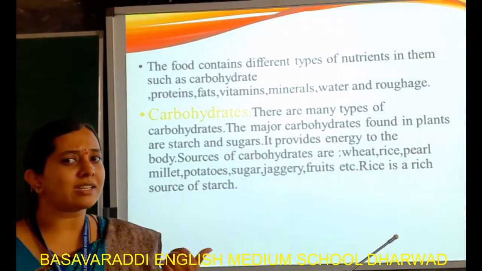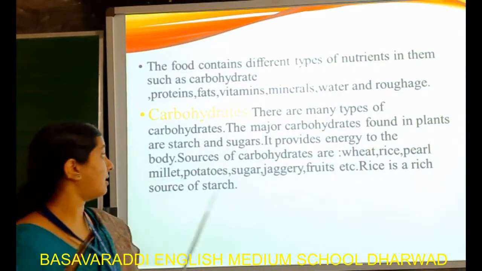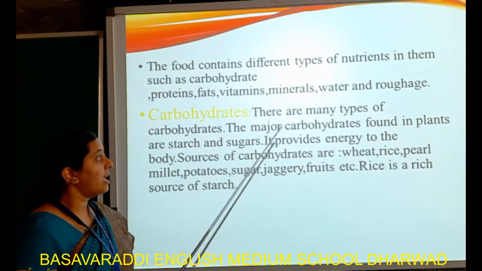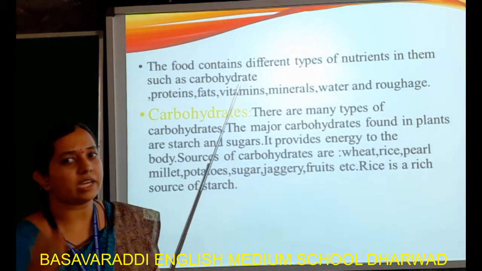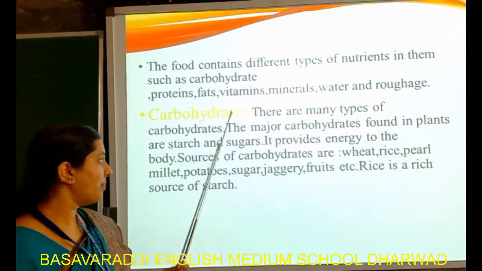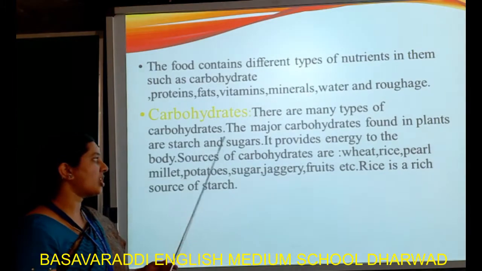Now let us start with the first one, that is carbohydrates. There are many types of carbohydrates, a very different variety. The major carbohydrates found in plants are starch and sugars.